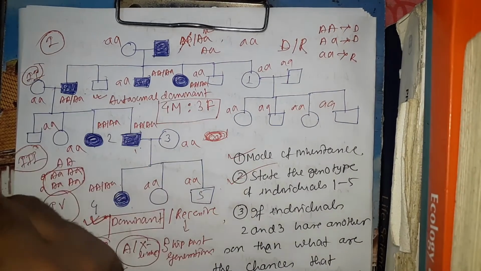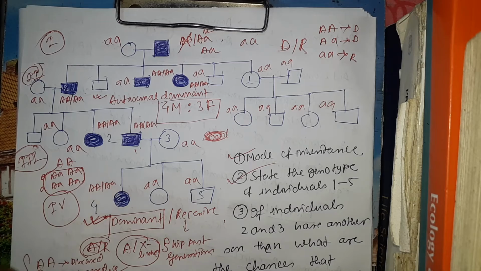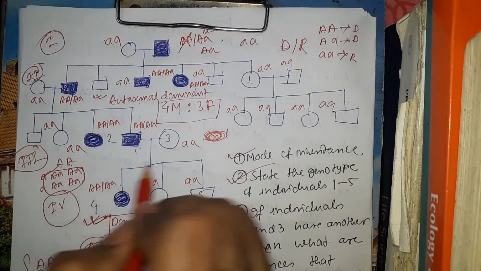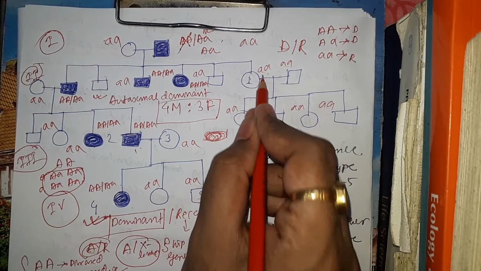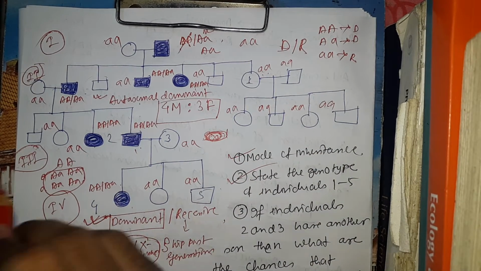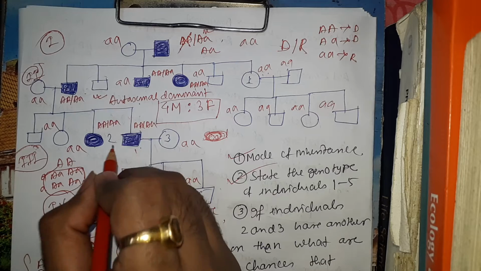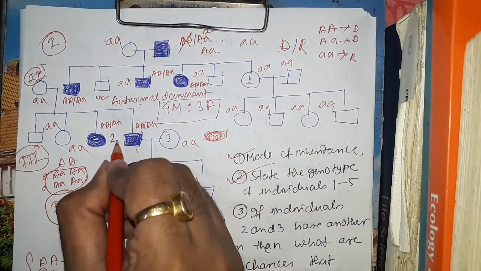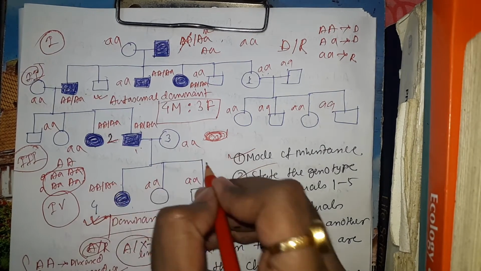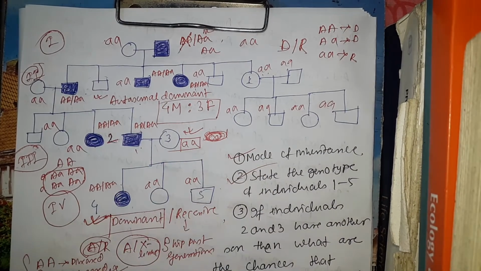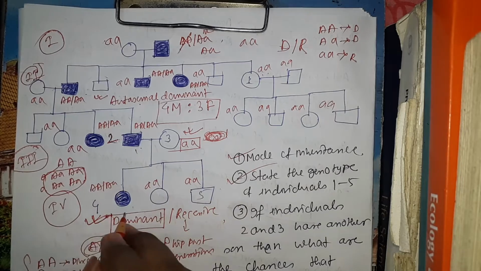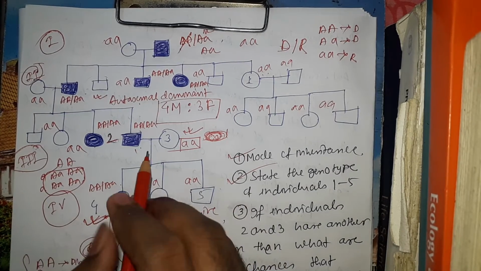Okay. Now come here. We have already concluded that individual 1's genotype is small a. Now we need to talk about the genotype for individual 2, and we have already concluded that individual 3's genotype is small a. So let's start.